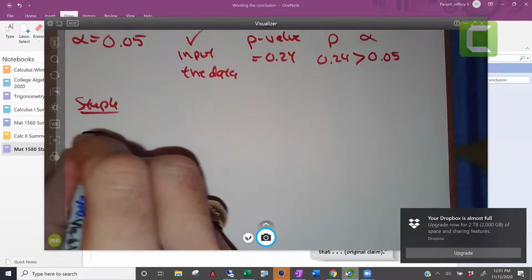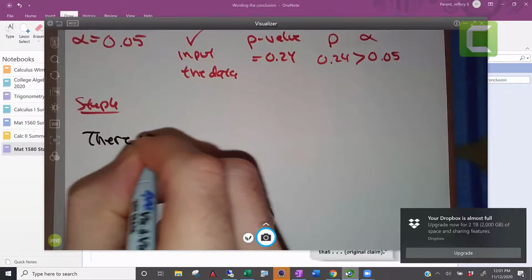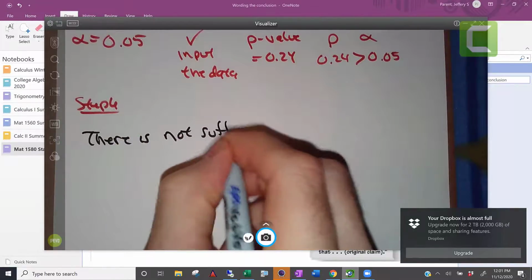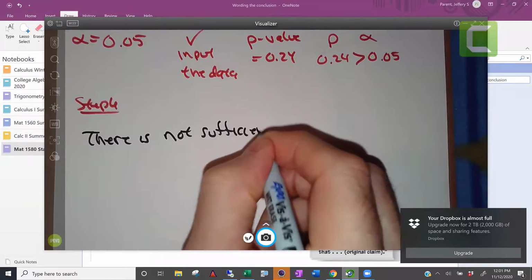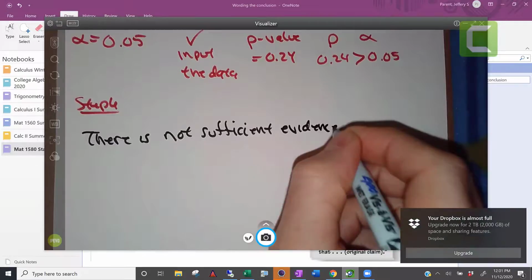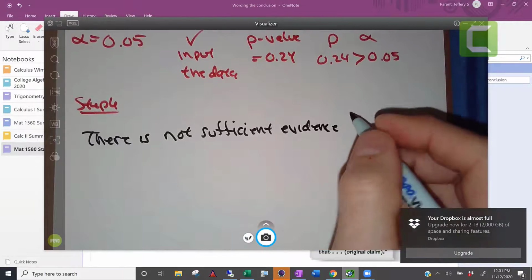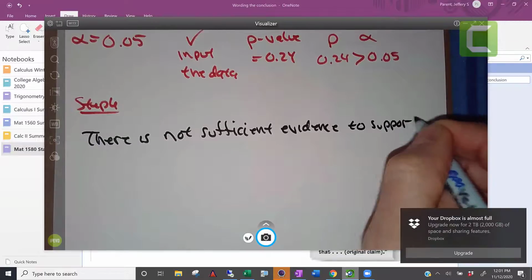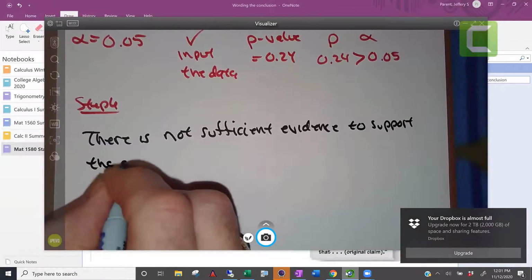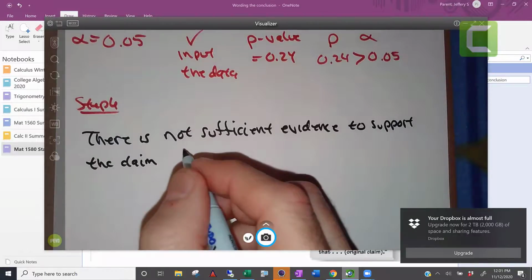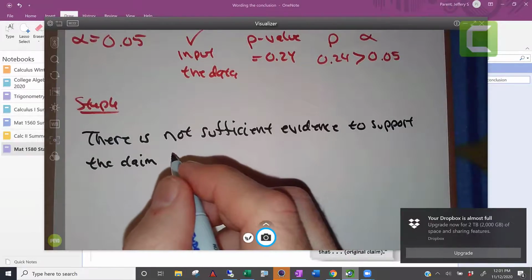So there is not sufficient evidence to support the claim that the mean difference before minus after is greater than 0.